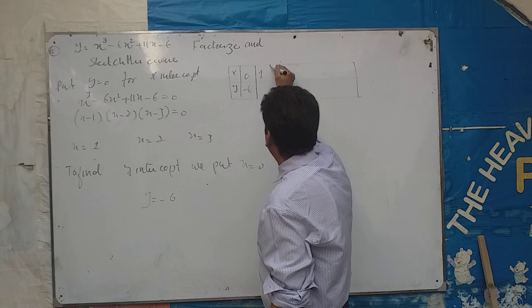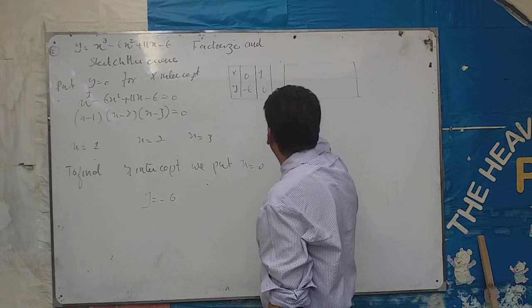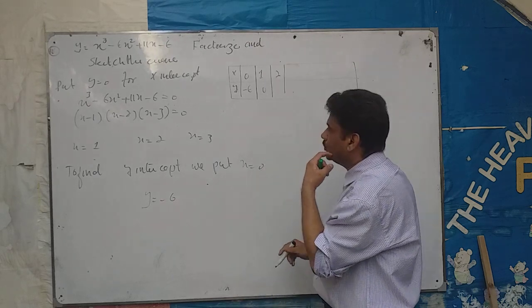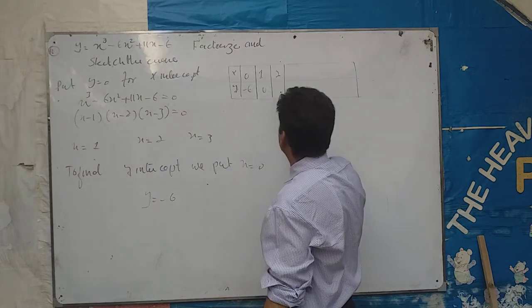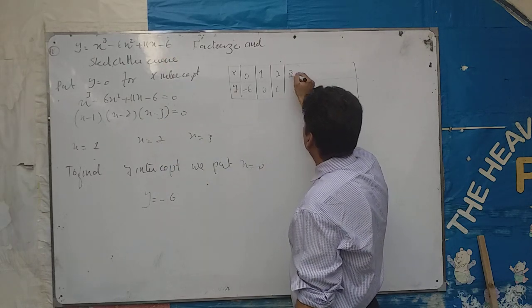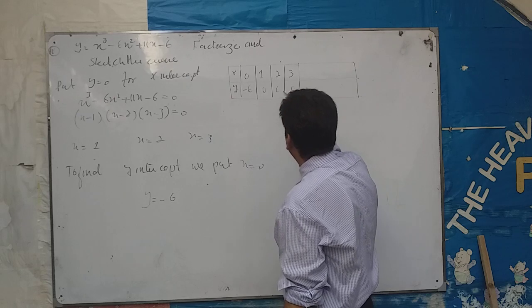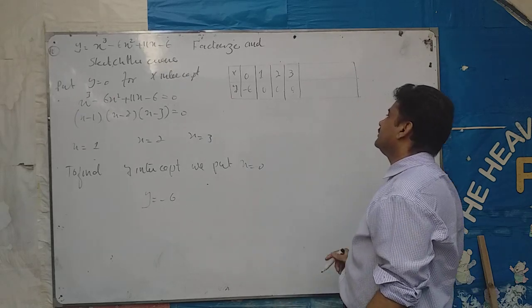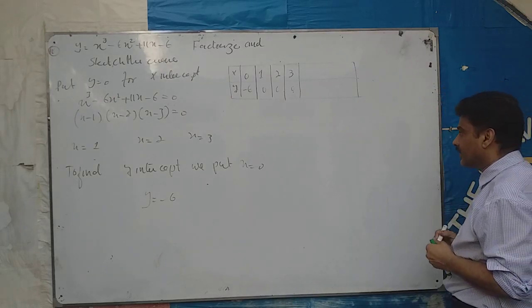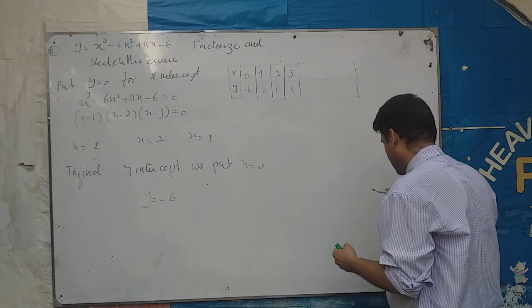When x is equal to 1, y becomes 0. When x is equal to 2, y becomes 0. When x is equal to 3, y becomes again 0. This is the table of values. Now we draw its graph. Its graph is very simple.